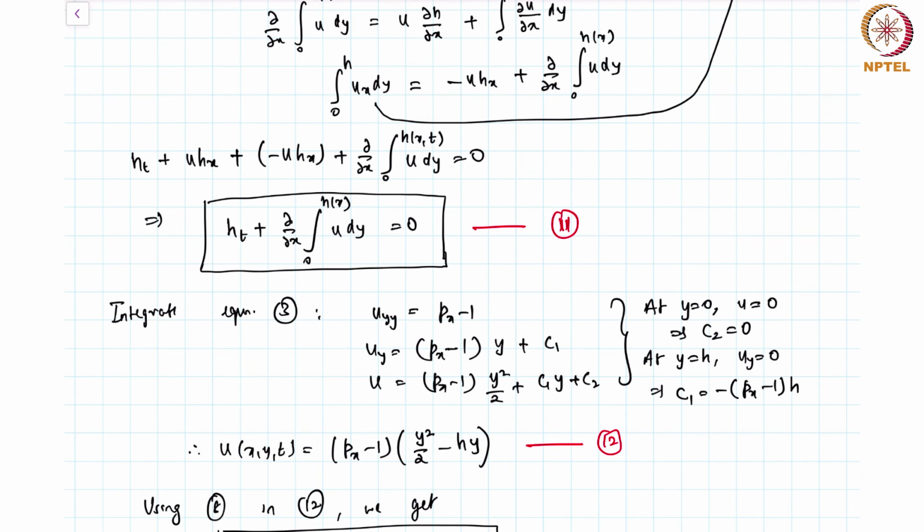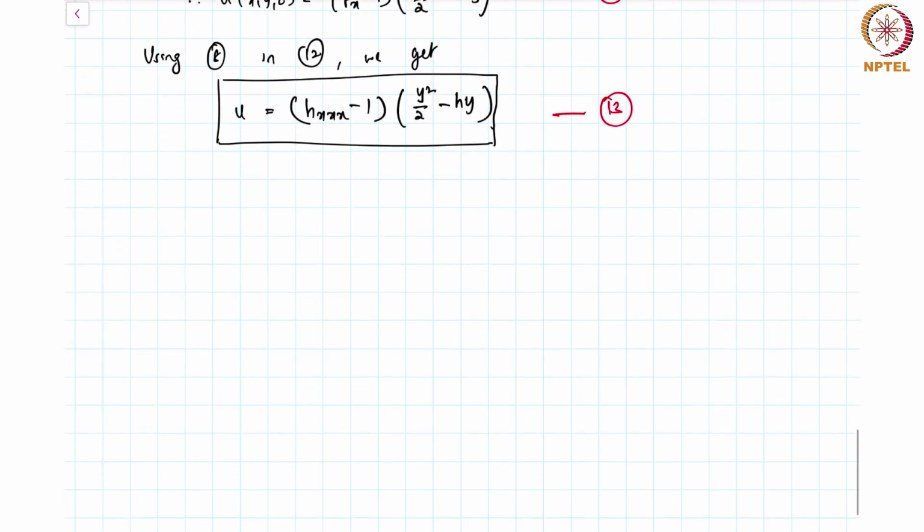So interface locally going up means locally creating a bulge, and the fluid has to move horizontally, in fact along the x direction. That's why we have a relationship between the variations in the height to the variations of the x component of the velocity. That was our equation number 11.